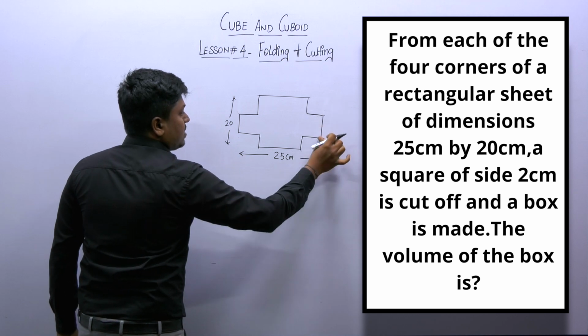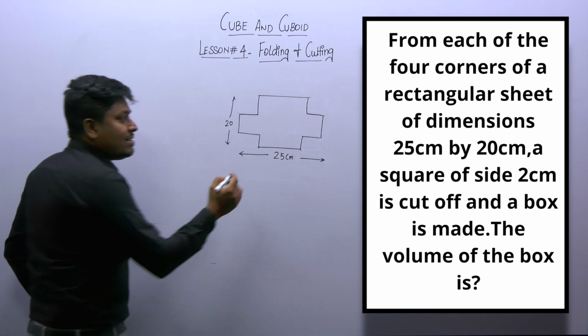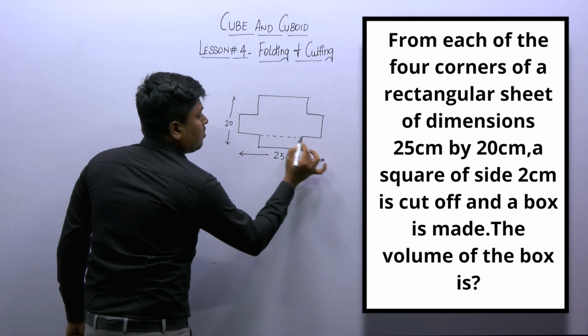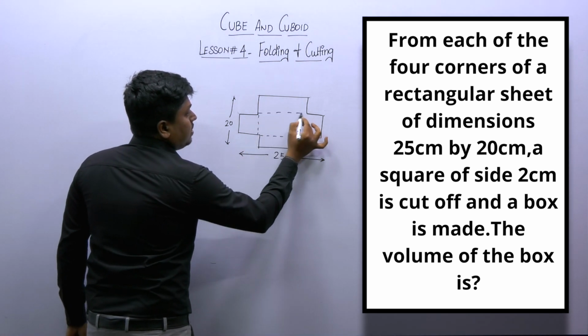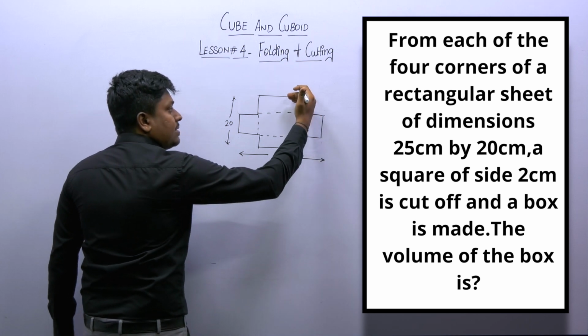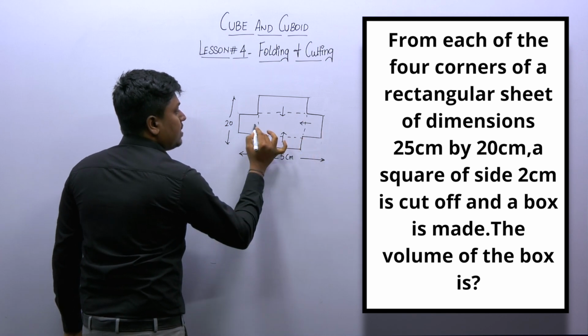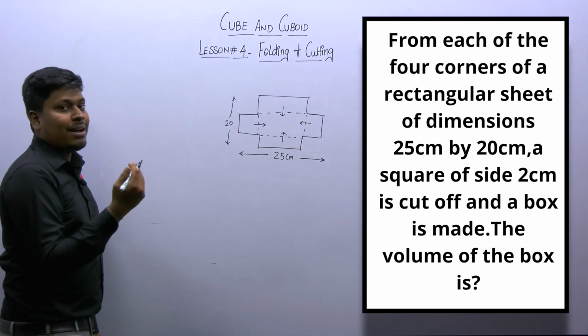Got it? All the 4 sides 2 centimeter square region is cut off. So after cutting off, the remaining regions are folded to form a box, right? So this sheet will be folded like this, and this sheet will be folded like this. So all the 4 sides will be folded like this in order to form a rectangular box.